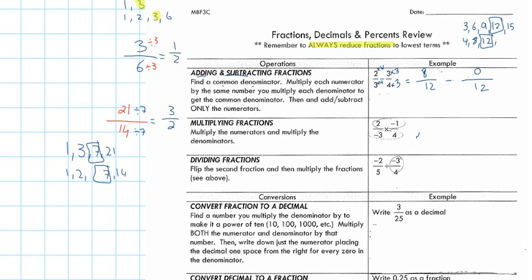So all what you have to do right now is subtract your numerator. Okay? 8 minus 9. What's 8 minus 9? What is it? Negative 1 all over 12. Denominator stays the same.